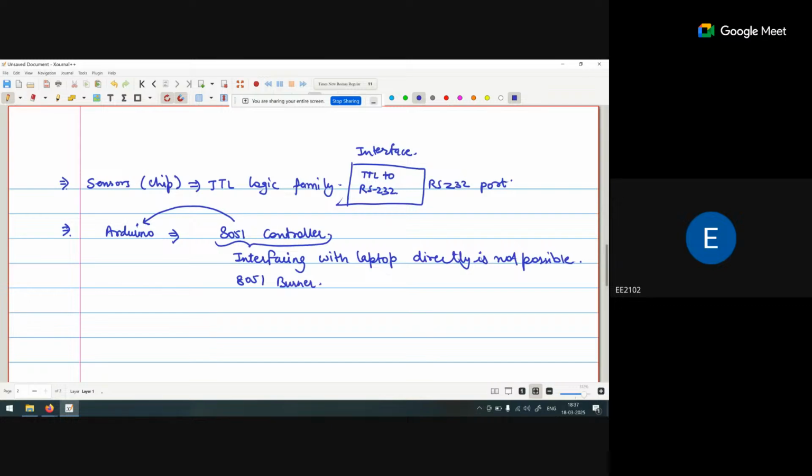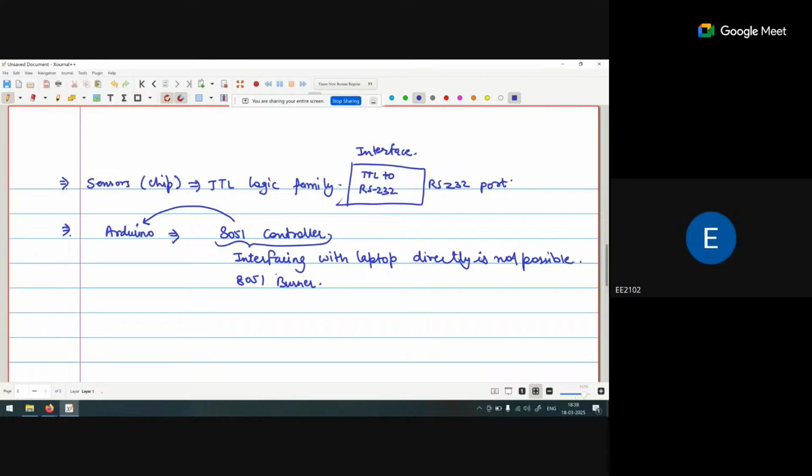With the help of this, you write your code into the 8051. That particular code is available in your laptop, so you interface your laptop with the 8051 burner, and the 8051 burner is interfaced with the 8051. So basically, in between your laptop and your 8051, there is one burner.